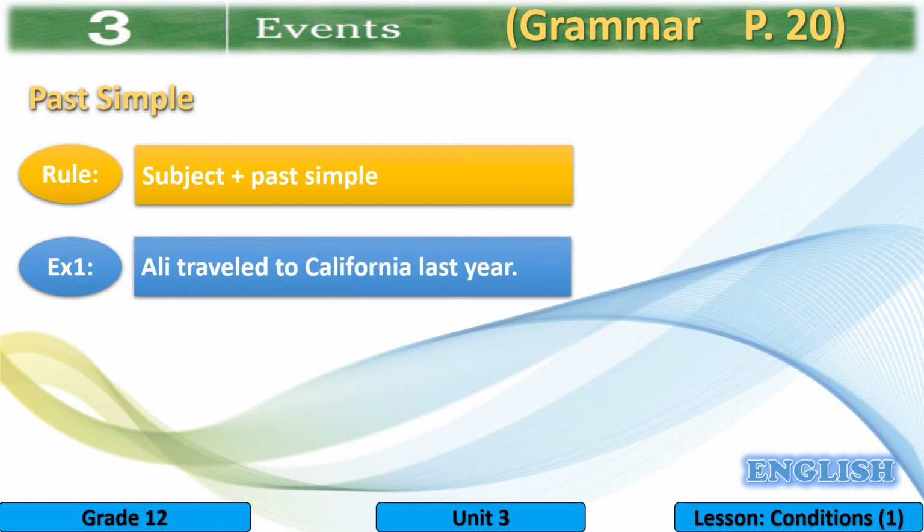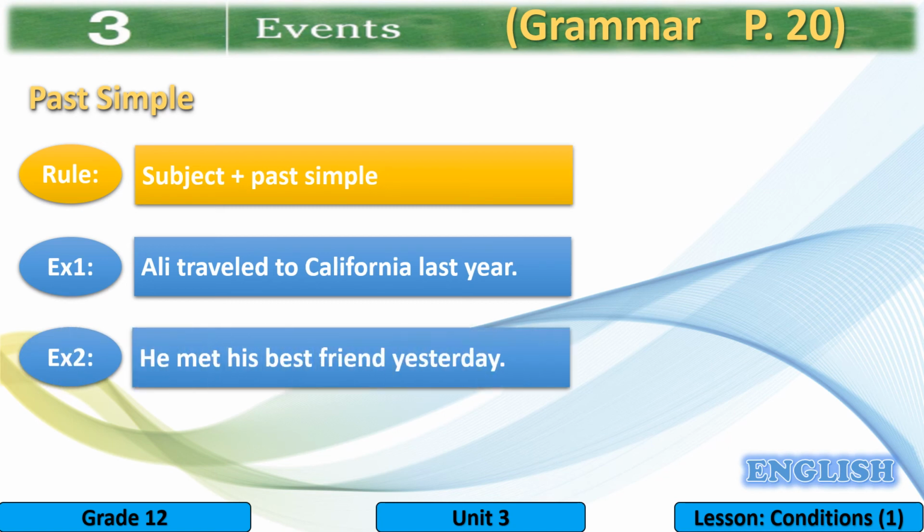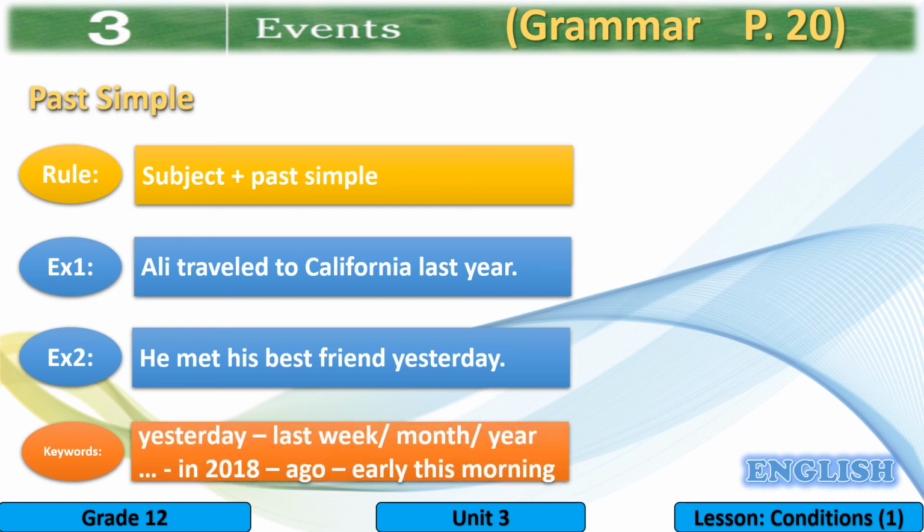Example, Ali traveled to California last year. Another example, he met his best friend yesterday. Now the following keywords are the most commonly used that can help you find the past simple.